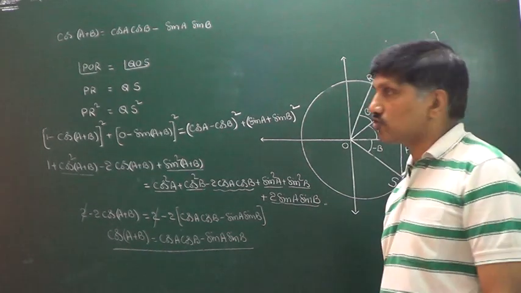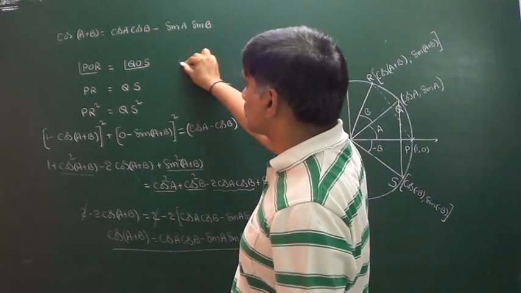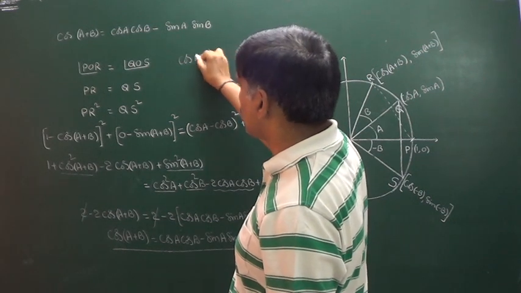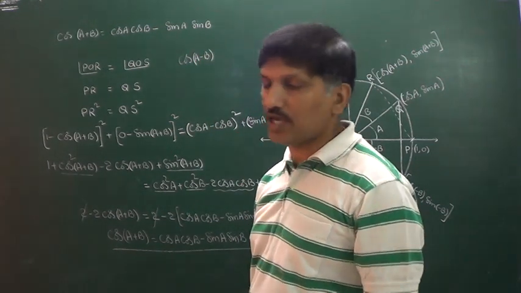Suppose I want to derive the formula for cos of A minus B. How to derive it?